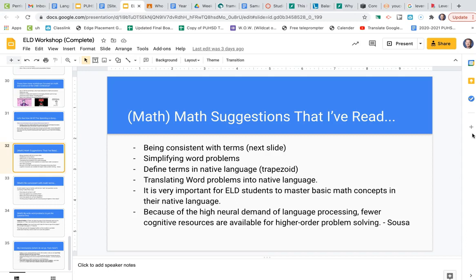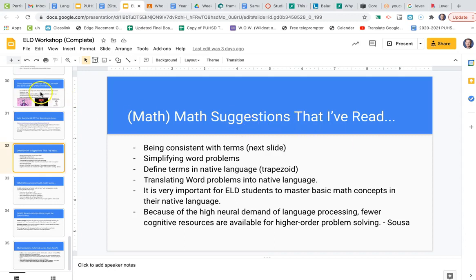I wanted to share some ELD strategies that I read, and I want to make it clear that I read these because I'm not a math teacher. Sometimes people who are not educators come in and tell people how to teach their specific content, and it's like, well, you're not in the classroom with us. So I'm telling you, I read these from a neuroscientist.